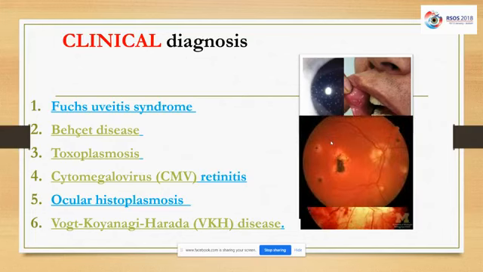Ocular histoplasmosis can be easily diagnosed with the triad of histoplasmosis: peripapillary atrophy, histo spots in the posterior pole, and choroidal neovascular membrane of the macula.